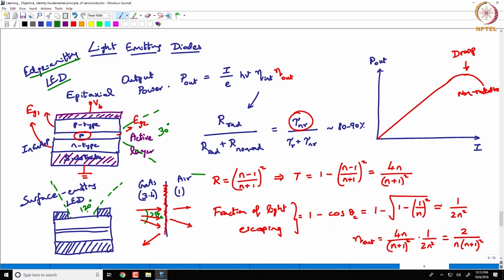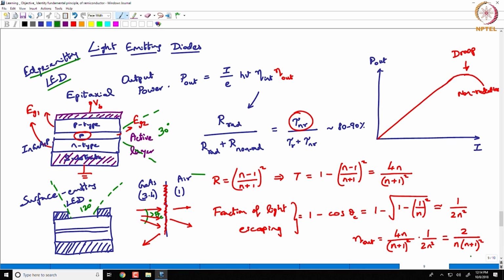What we have actually mentioned, which is represented as eta int in the expression for the output power, and so that may eventually limit the amount of output power you are able to extract from the structure. Okay.